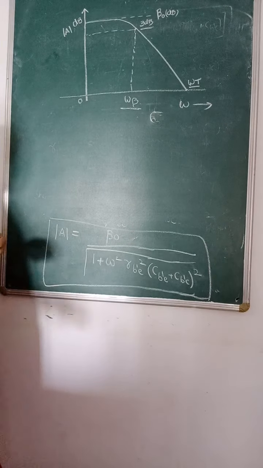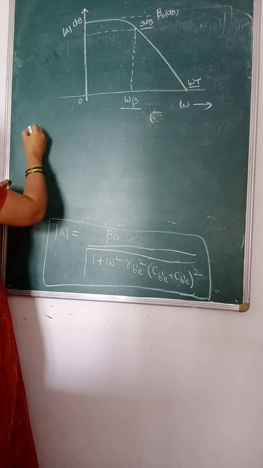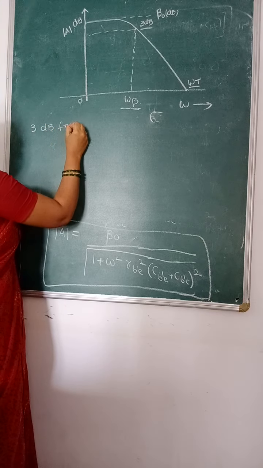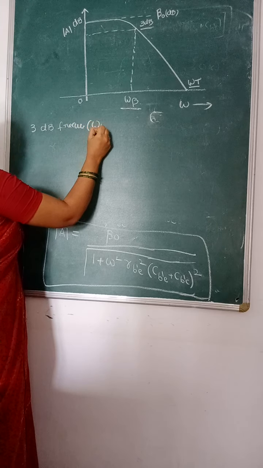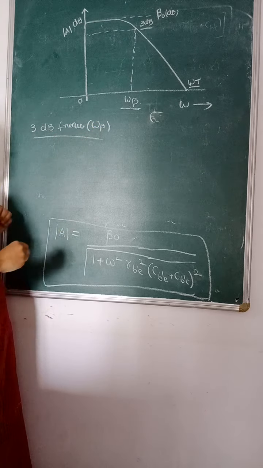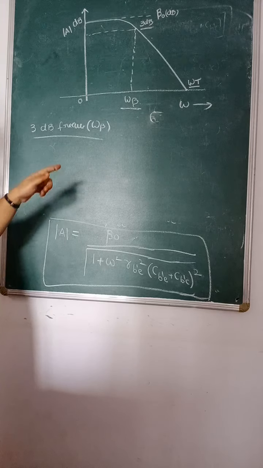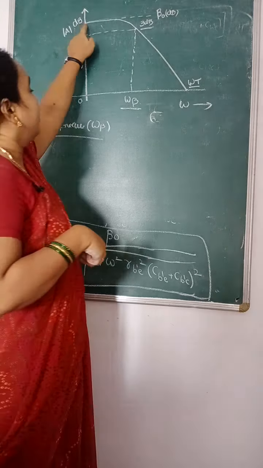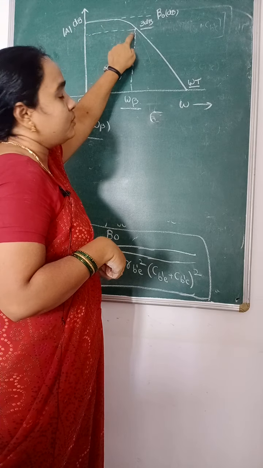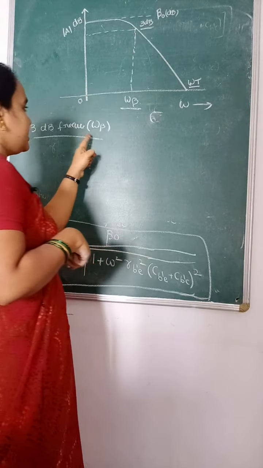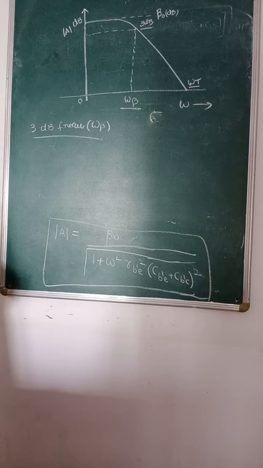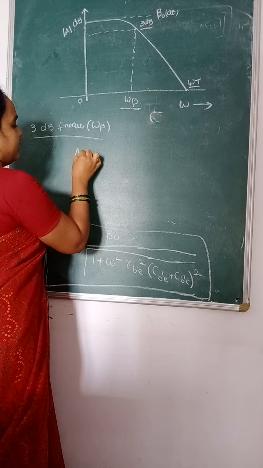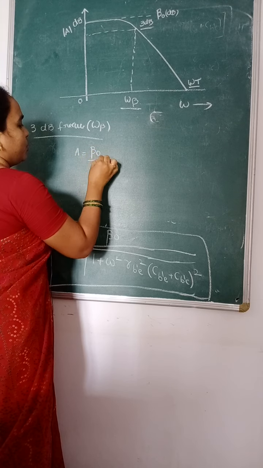So omega B is also called the 3 dB frequency. What is 3 dB frequency? It is the frequency at which the gain of the transistor drops by 3 decibels. This is denoted by the term omega B. So here the gain value becomes beta naught by root 2.